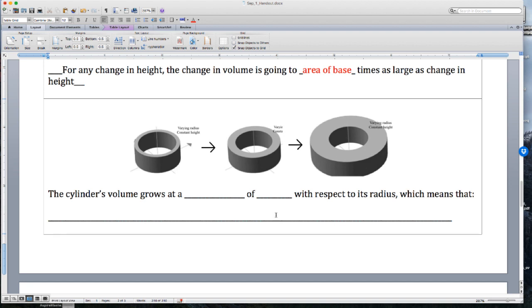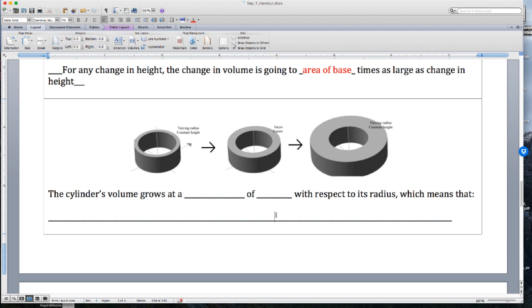Take a few minutes. Now we're talking about going to three dimensions. If it's just about the line that I have, how can we compare this circle, this circle, this circle?